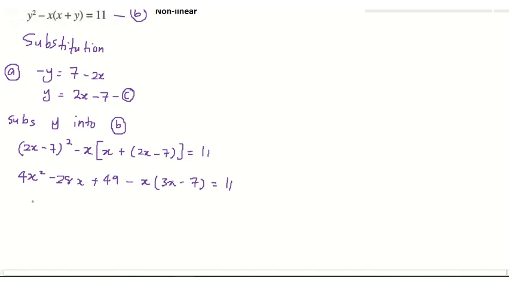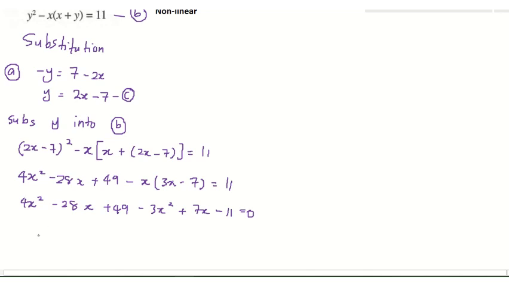Now we simplify. The next step will be this one plus 49 minus 3x squared plus 7x minus 11 equal to 0.